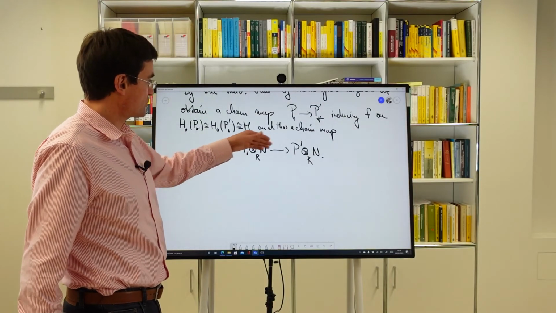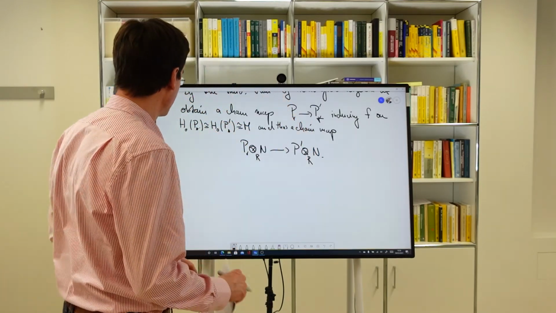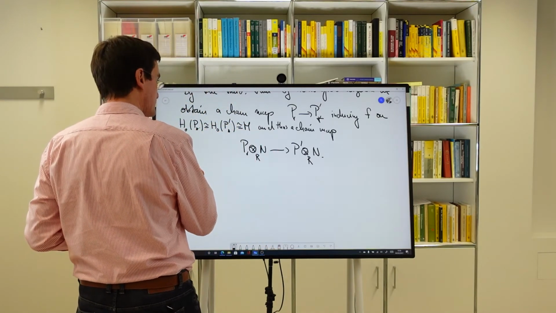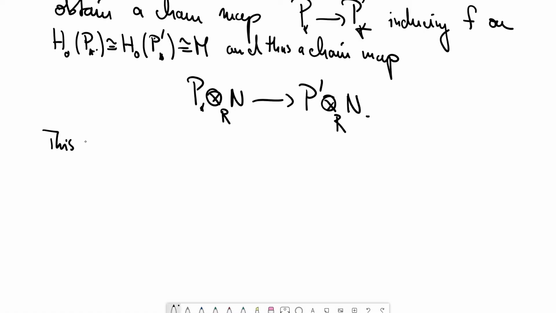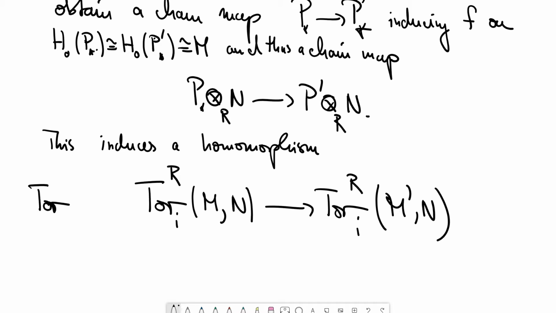And of course, this chain map then induces a map on homology, which is a map between the Tor terms Tor_i(M,N) and Tor_i(M prime,N). And the notation is Tor(f, identity).